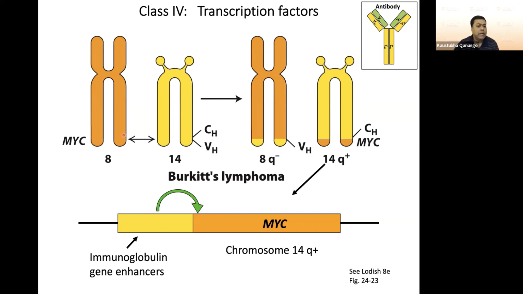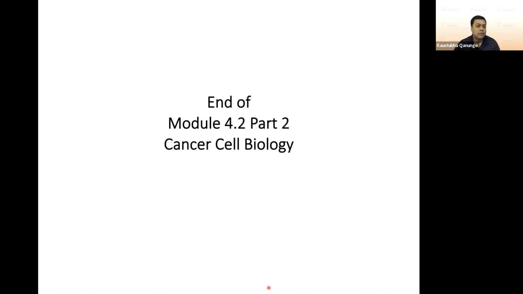MYC is only expressed in certain stages of the cell cycle to drive the cell cycle. Other times MYC is off. MYC is itself a transcription factor for the cell cycle, most of the time off, only on at certain times. Once the translocation happened, this immunoglobulin gene enhancer is constantly on, and that will drive MYC constantly on, and that will cause uncontrollable cell growth.